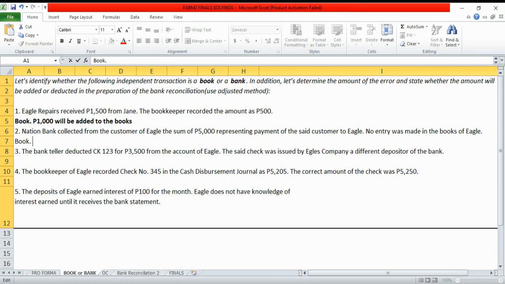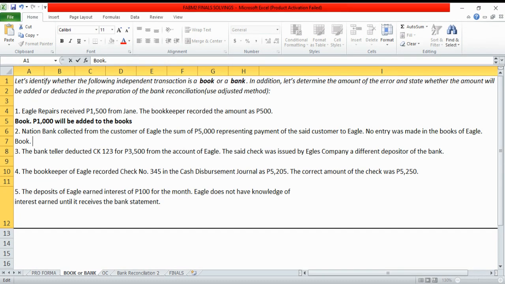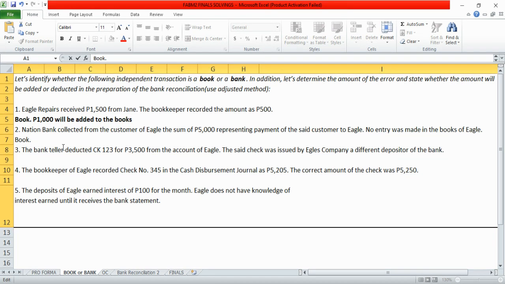As long as it is a payment from a customer, that is a book item, and that is a credit memo. That is your analysis. And next, how much should be added? That is 5,000 pesos.